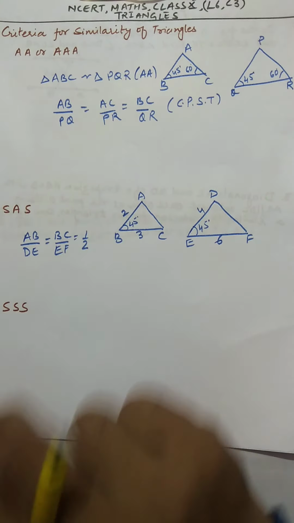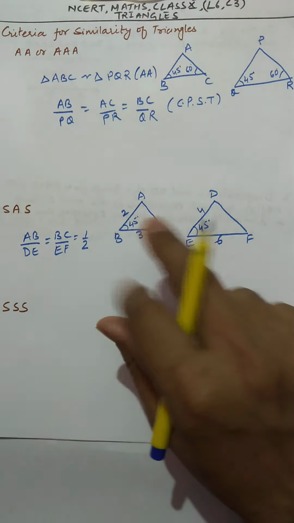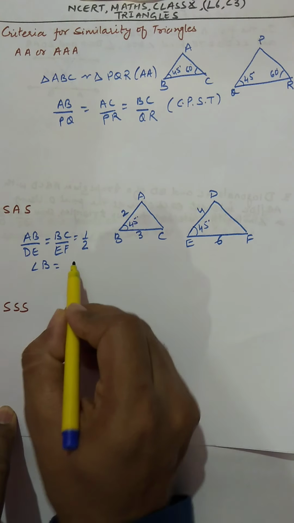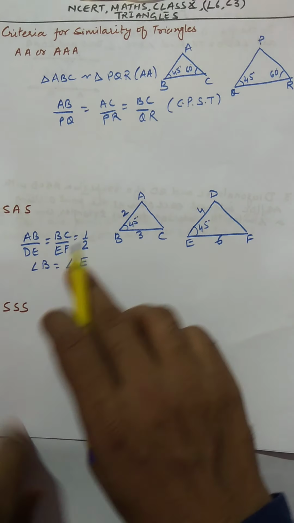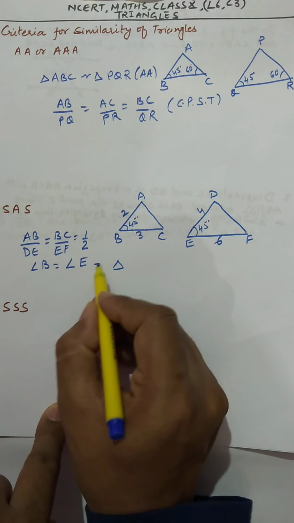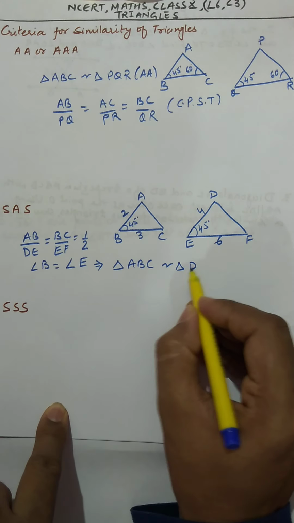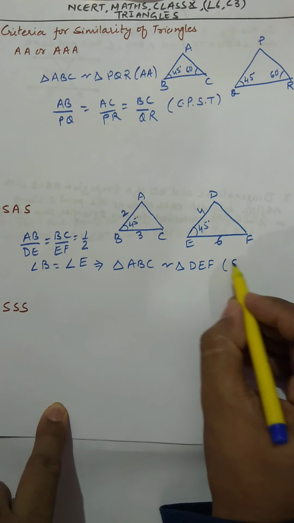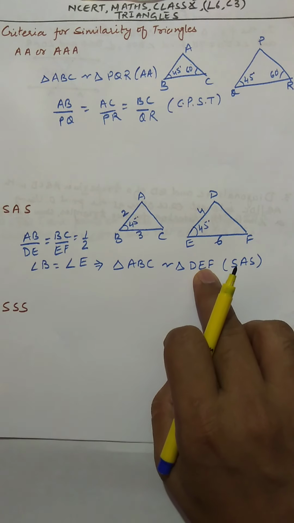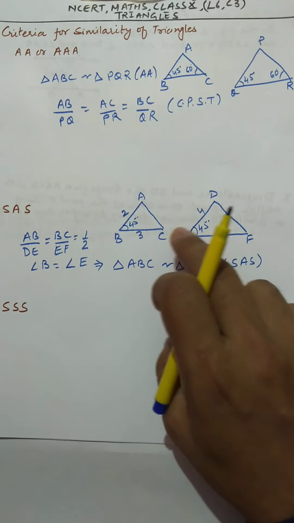So if we are getting this kind of relation between two corresponding sides, and third, that angle B is equal to angle E, then after getting these two things, you can say triangle ABC is similar to triangle DEF by this criterion, SAS.